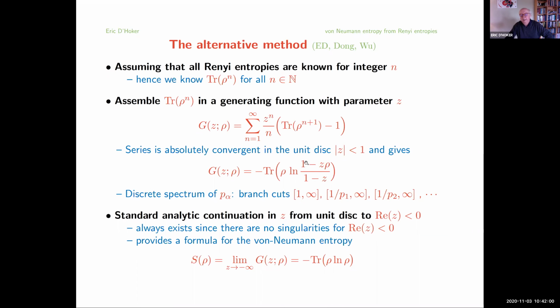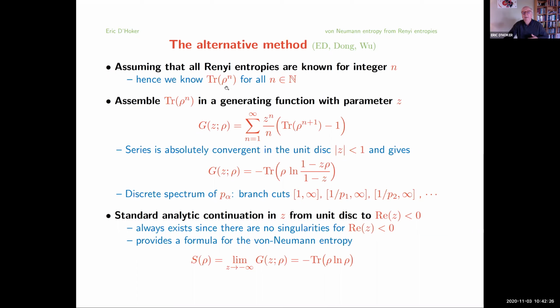This is an expression that's convergent in the unit disk. You analyze its singularities in the plane. There are no singularities in the left half plane. And then you show, just by basically substitution, that its limit gives you this von Neumann entropy, which is well defined.